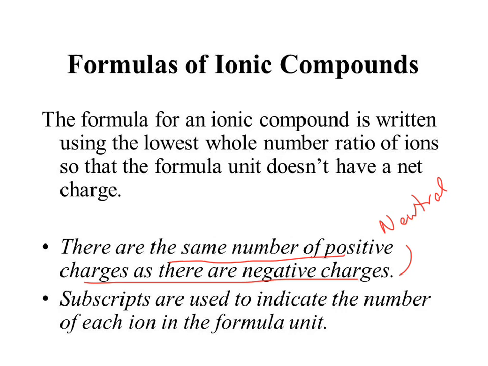Maybe it's on the next slide. But usually, when you write the formula for an ionic compound, it's the cation first, and then the anion. And like this says, use little subscripts to say how many.